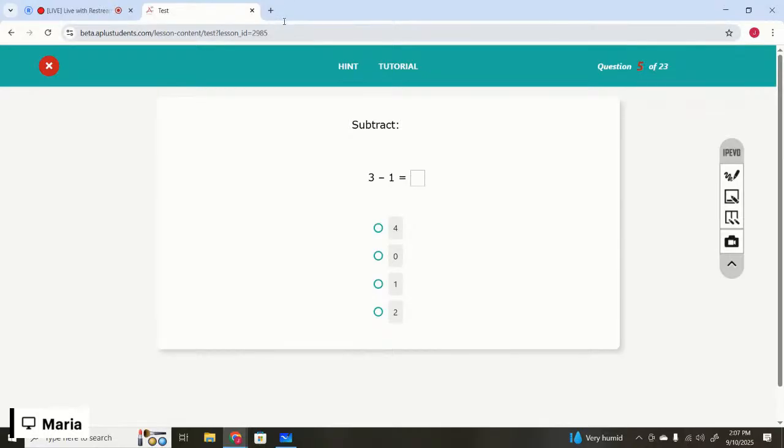Okay, 3 take away 1. So 3 take away 1 means you go back by one digit. 3 minus 1 is 2.